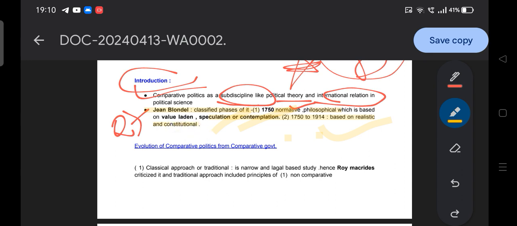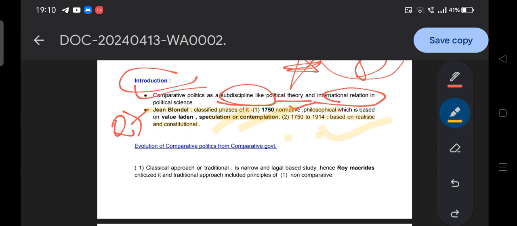That is possible. You need to remember that Jean Blondel classified the 1750s as basically philosophical or normative approaches to comparative politics, and mid-1850 to 1914 as realistic and constitutional. That question can be there.